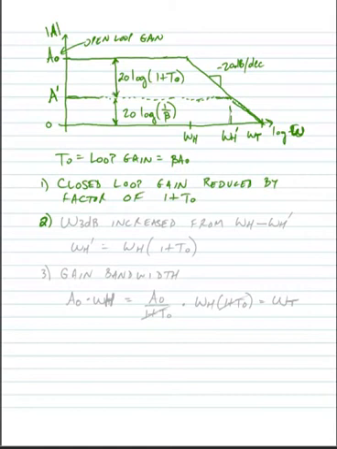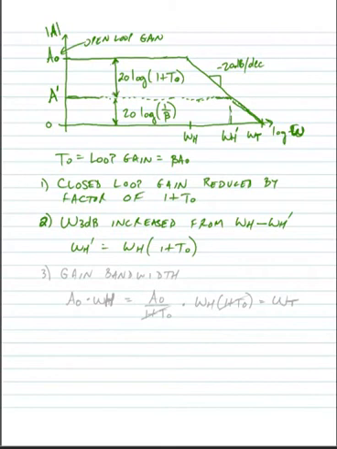Now we can also see that our pole frequency was effectively increased. So we can say omega 3 dB, our pole frequency, increased from omega h to omega h prime, and we can show that omega h prime is equal to omega h times 1 plus T sub 0, the loop gain.